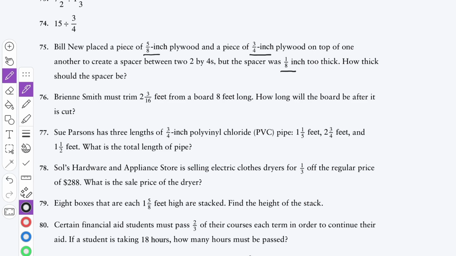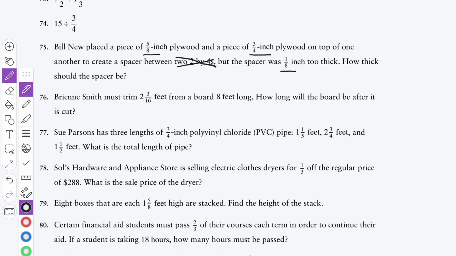Now, it says that Bill placed a 5/8 inch plywood and a piece of 3/4 inch plywood on top of one another to create a spacer between 2x4s. The 2x4s are really not important. So even though they're numbers, they're really not important. And then, but the spacer was 1/8 inch too thick. How thick should the spacer be?